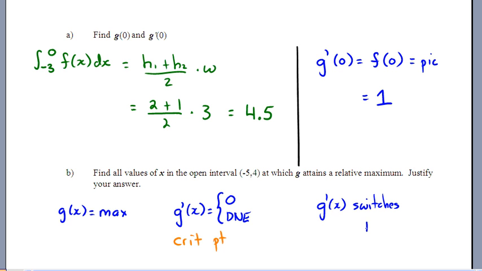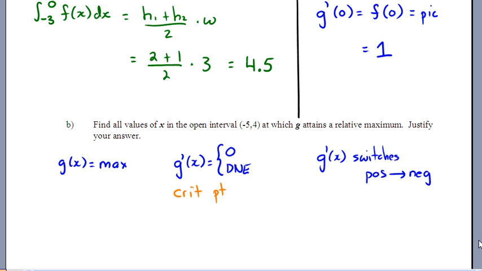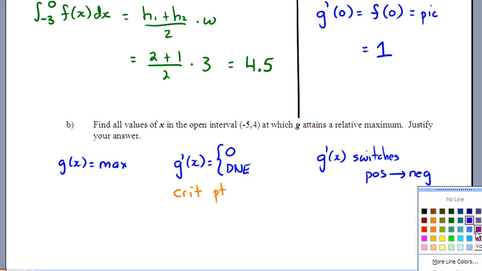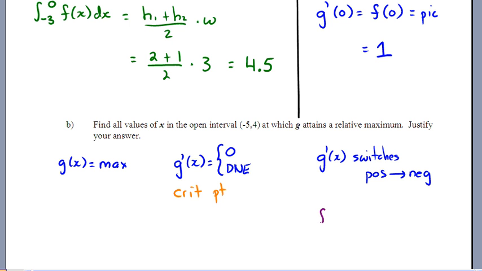It's going to switch from a positive number to a negative number at either a place where it's 0 or a place where it's broken. But hang on, g prime is exactly the same thing as f. So it looks like f of x is going to have to switch from positive to negative.